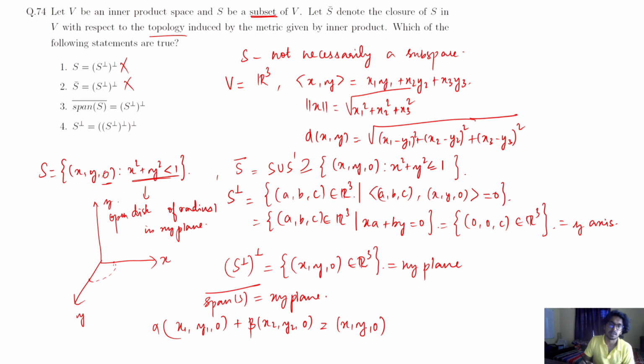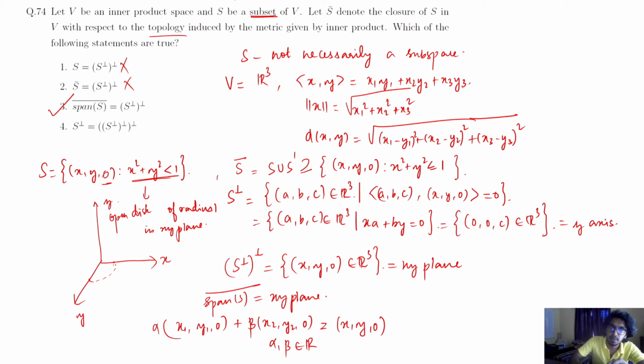So the closure is also the xy plane. The choice of this alpha and beta, you will have to choose from the real numbers. So you are free to choose whatever real number you like. So this proves that this is true. Actually, we don't find any evidence to prove that it is false.